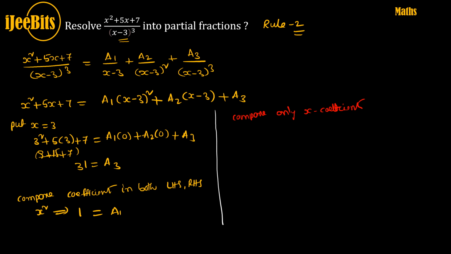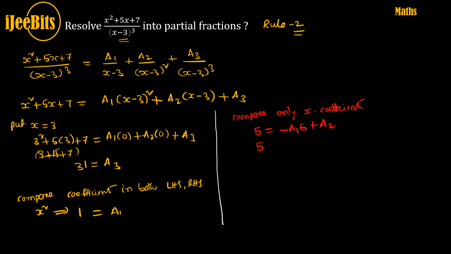Here what happened? The term is 5x, so it's 5 equals, in this case, x square minus 6x, so a1 times minus 6 is what you get. Here a2. Then we know a1 is how much? 1.